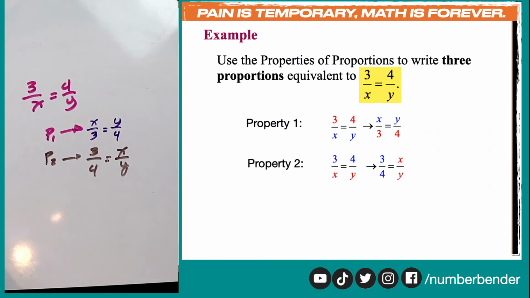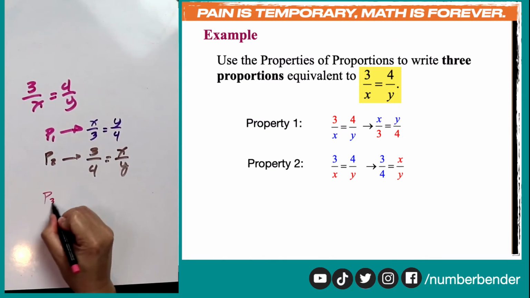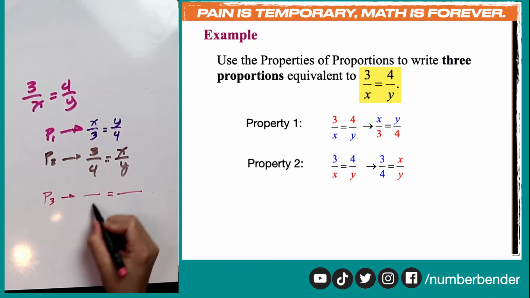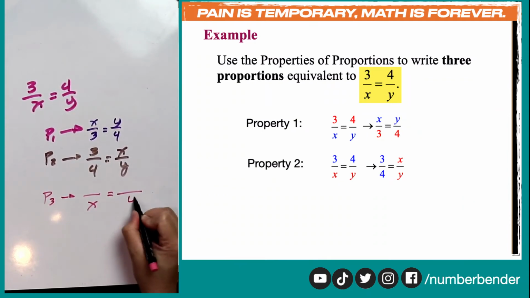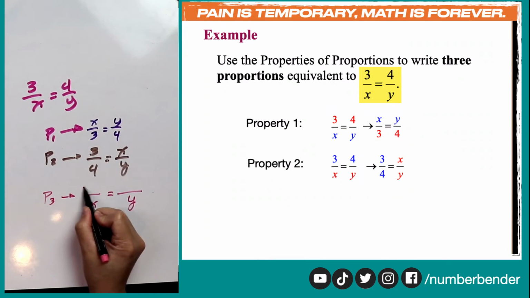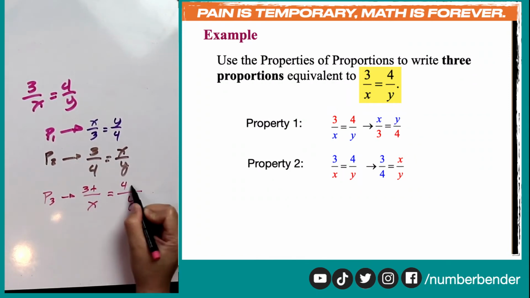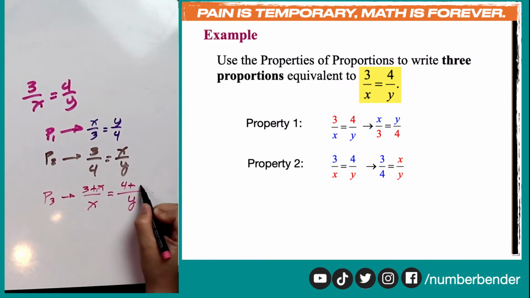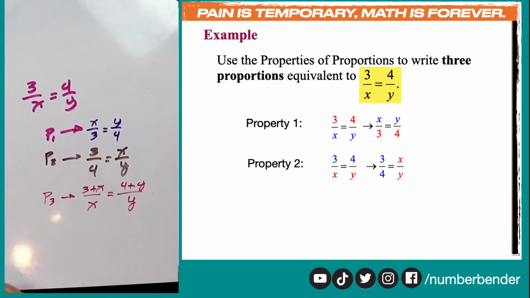And for property number 3, we have the same fraction, just like what we did. The denominator will still be the same. The numerator will still be there, but we're going to be adding the numerator into our denominator for our modified version of property number 3.